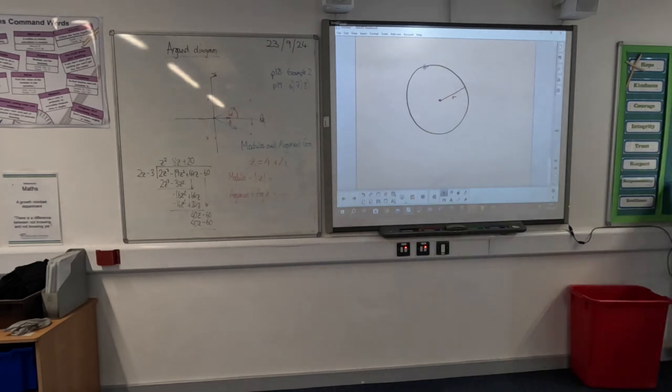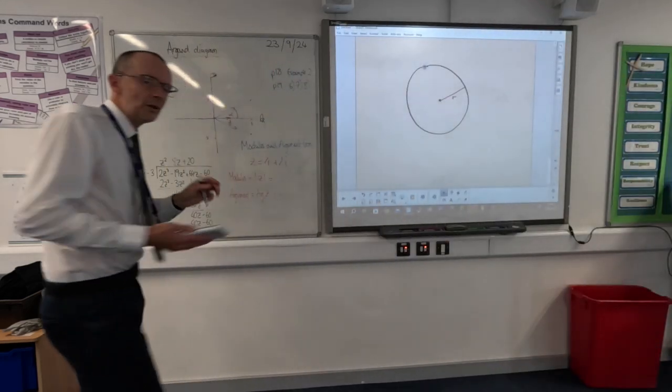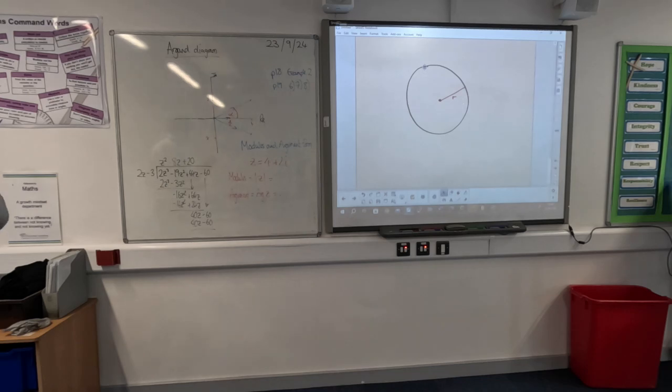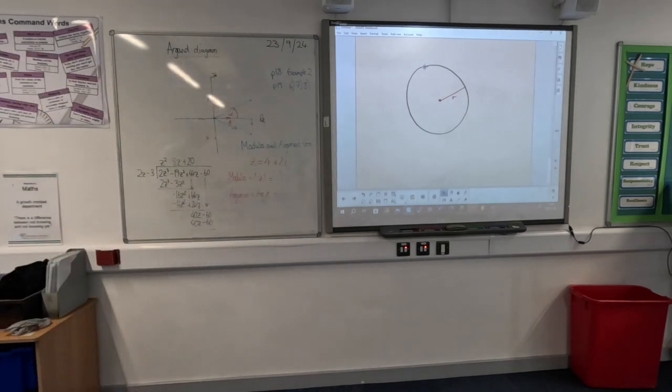Certainly leave the modulus in surd form, unless it's a nice round number, which of course it isn't. And the argument, well, we default to 3 significant figures at A level, unless there are a few situations where we don't. But that's our default level of accuracy.